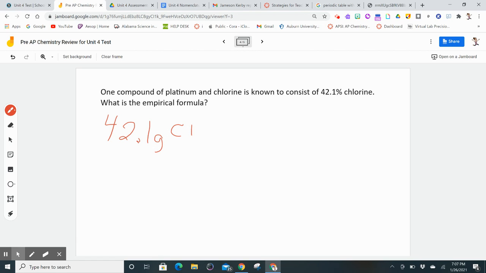And then if we subtract that, 100 minus 42.1 means it's 57.9 grams of platinum. So what I'm going to do is turn grams into moles. So that's going to be 35.5 grams in 1 mole of chlorine.